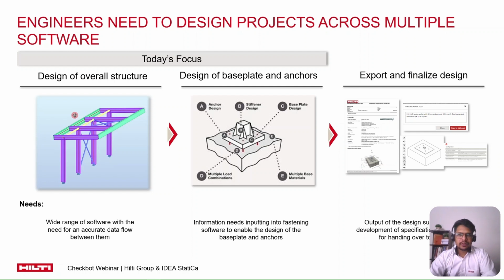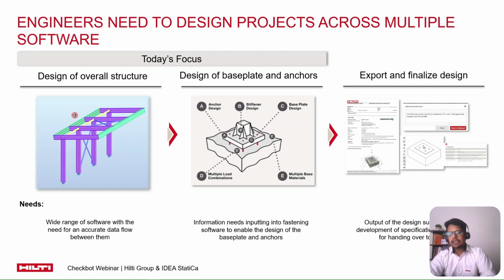Thanks, Stefano. Now, let me put forward our understanding of the present need of engineers. On a given project, it is common that an engineer uses multiple software across the end-to-end design workflow. Let's look at this with a simplified example. Firstly, to design the overall structure, you would normally use a structural solution of your choice. For more detailed design, such as baseplate and fastening, you would normally use a manufacturer software such as PROFIS Engineering.